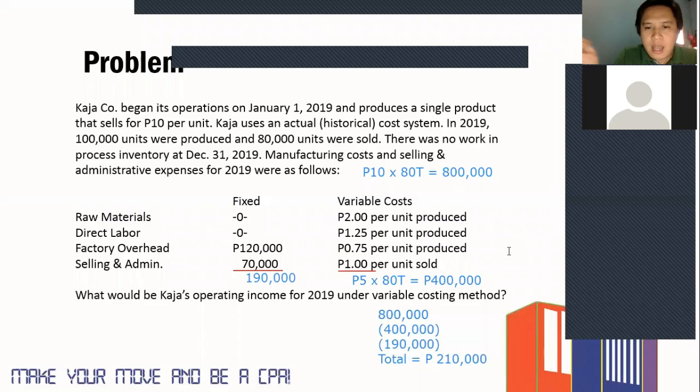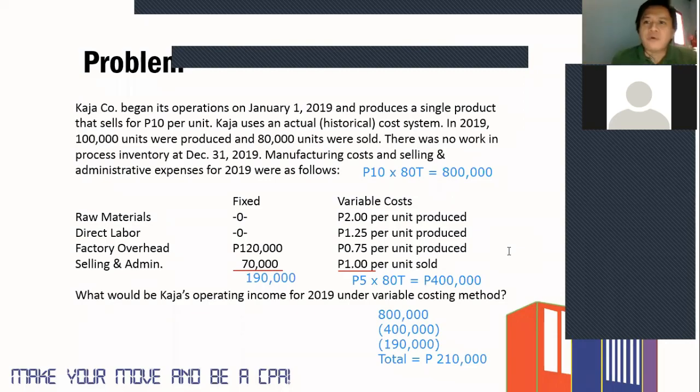Okay? Now, if I'm going to ask you, how much would be the difference if we use the absorption method? Then that would be a different scenario. Now, in this problem, we already have solved for the net income for variable costing.